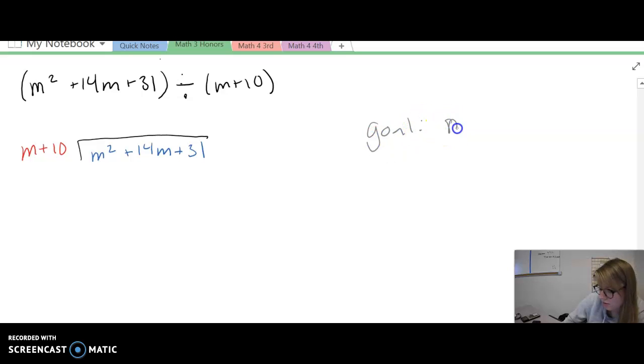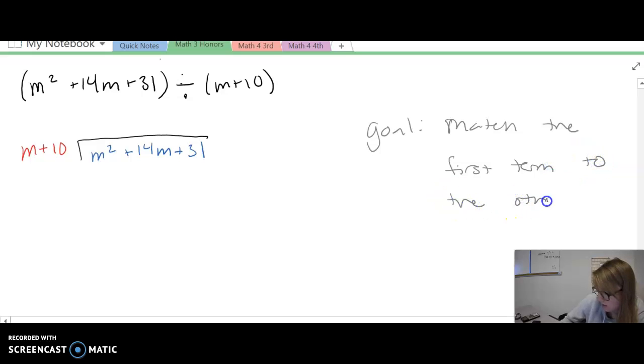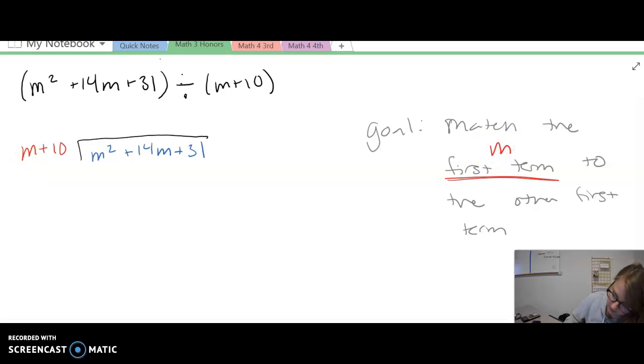So our goal is to match the first term to the other first term. So you're probably like, okay, well, that makes a little bit more sense. Well, the first term of our divisor is m, and the first term of what we're dividing is m squared.